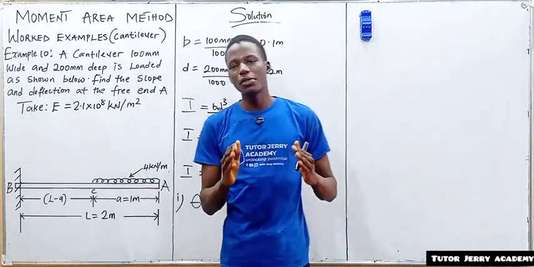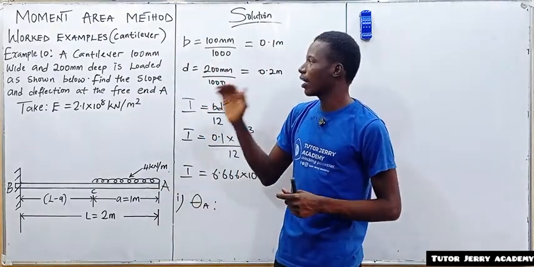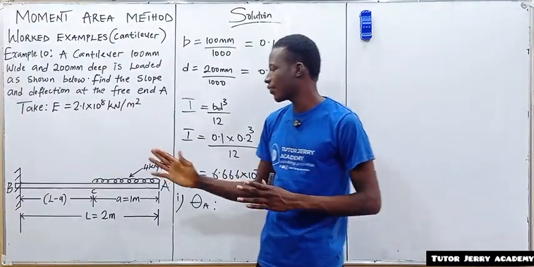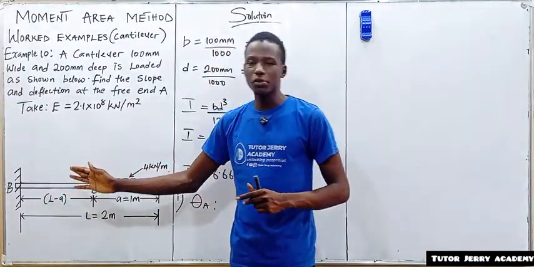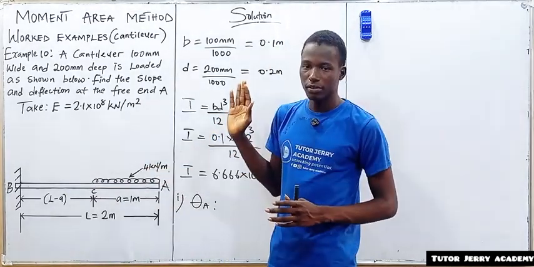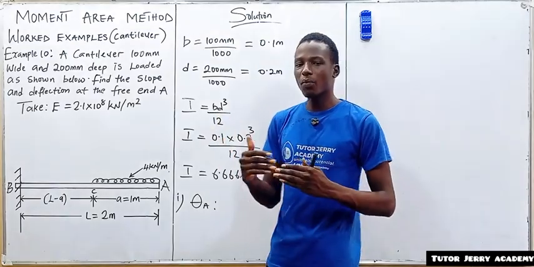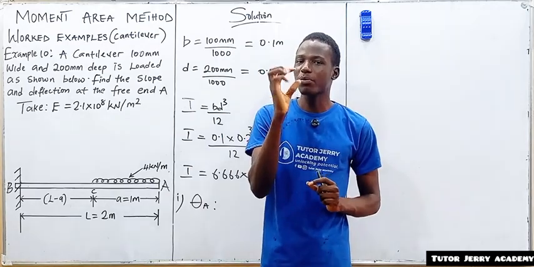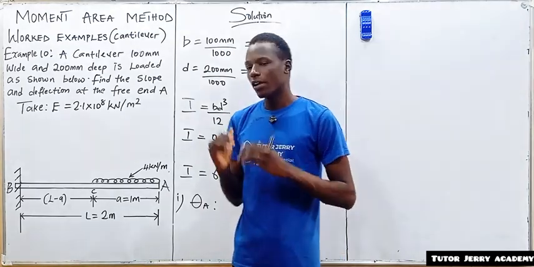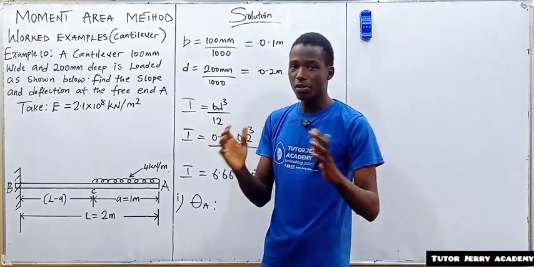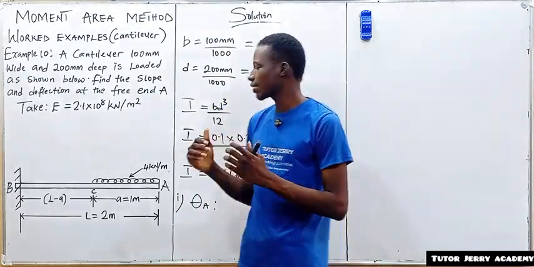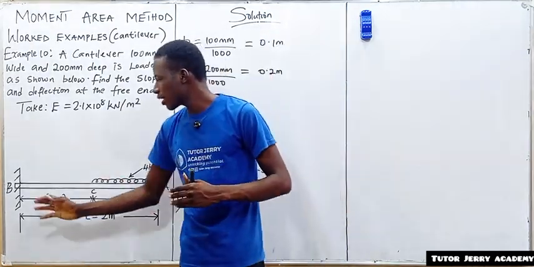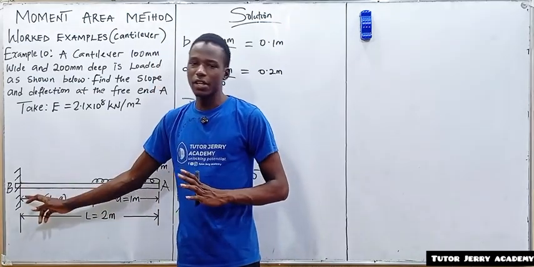In our previous video, on the double integration method, we looked at a cantilever with a uniformly distributed load over its whole span, and we derived the relations for maximum slope and maximum deflection. Also using the double integration method, we looked at a cantilever with a uniformly distributed load at a distance A from the fixed end.